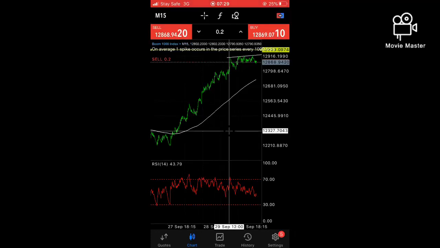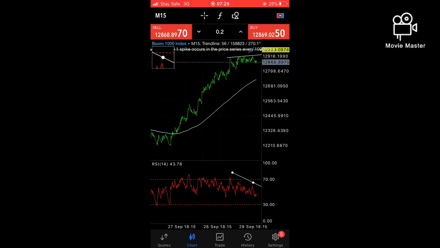It's a regular divergence which signals reversal, whereas my RSI is making lower highs. So it's now significant and clear that it's a regular divergence and we are about to go down on Boom 1000. Besides, Boom 1000 is oversold.